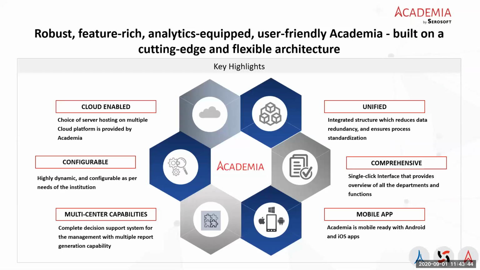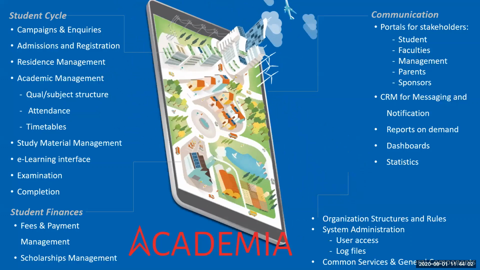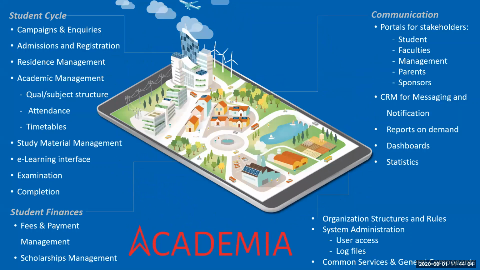Because all of these things like cloud-enabled, configurable, multi-center capabilities, so you can have multiple companies on the same system, mobile apps that are embedded in the system. All of those things are what you need to look out for when you want to decide which SIS will be best fitted for my institution.